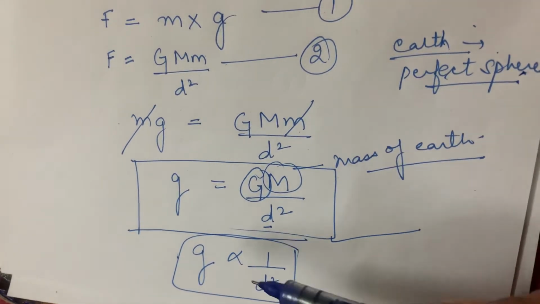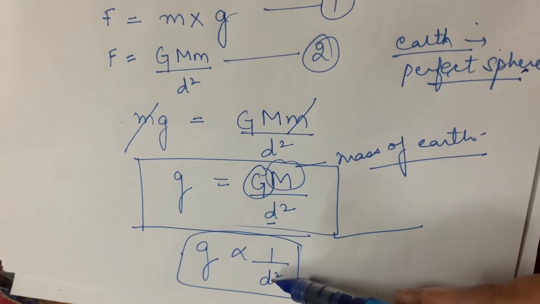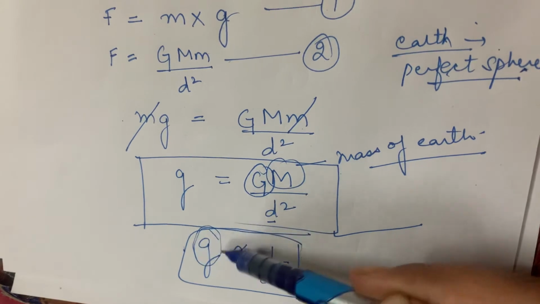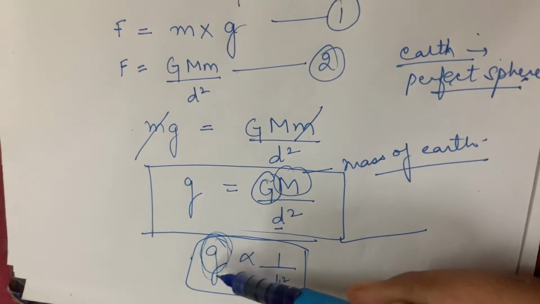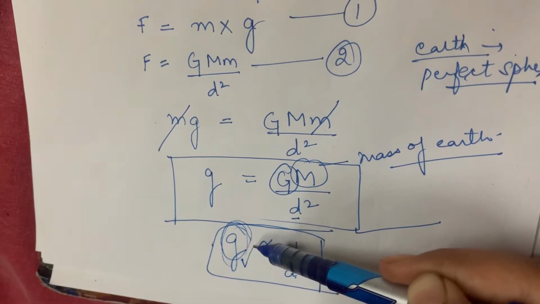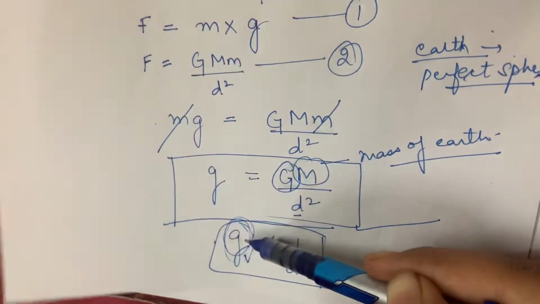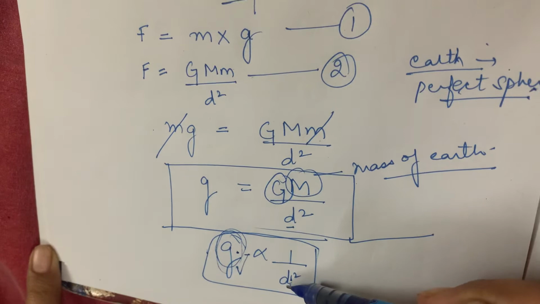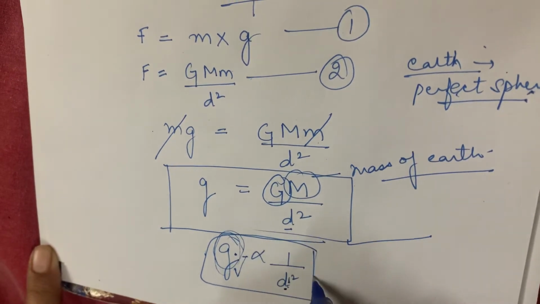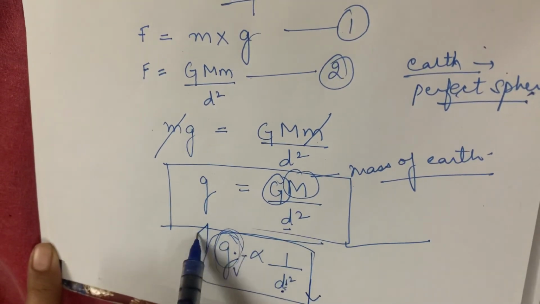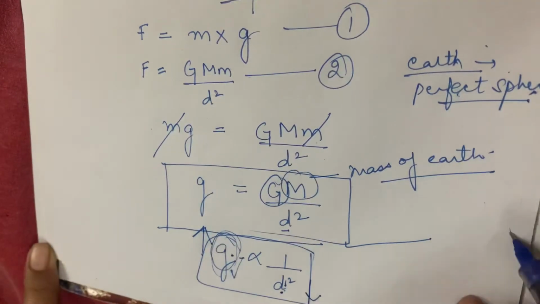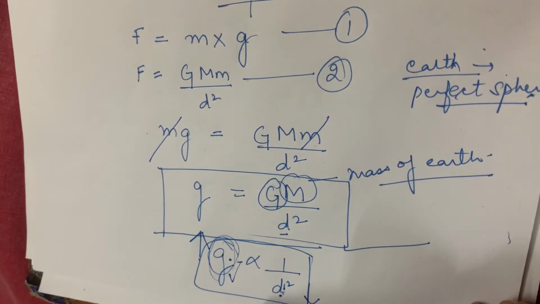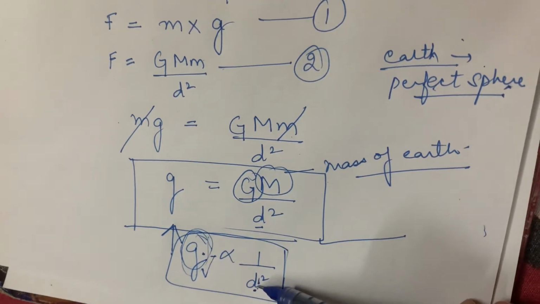So as the radius increases from poles to equator, the value of g will also change. The value of g becomes greater at the poles because the distance is less. If the distance is less, the g value will be more. So the value of g varies with respect to distance.